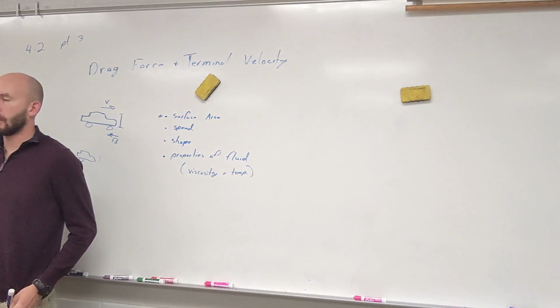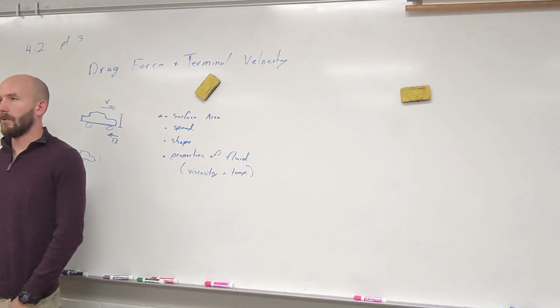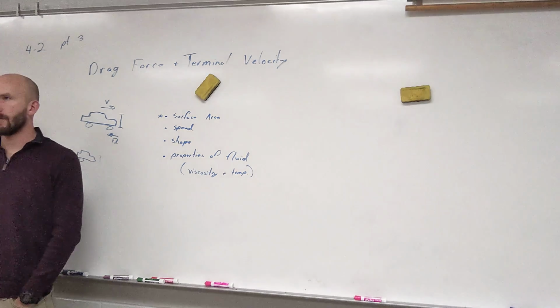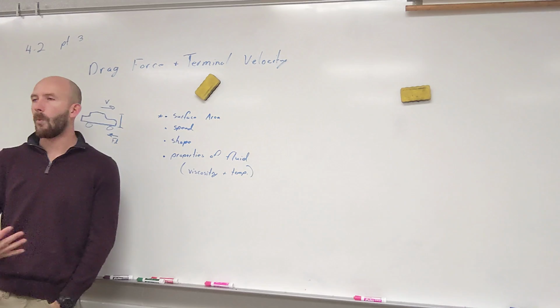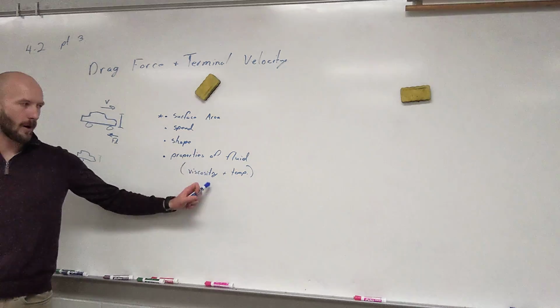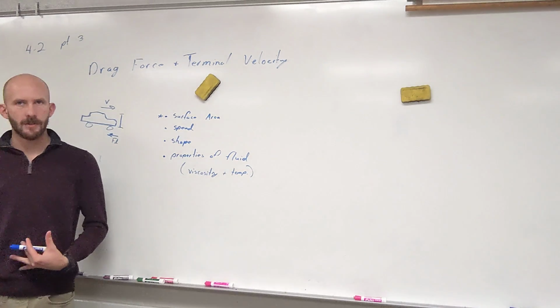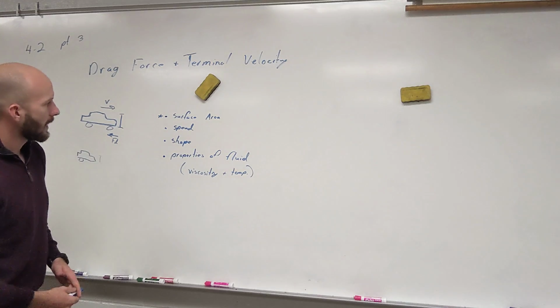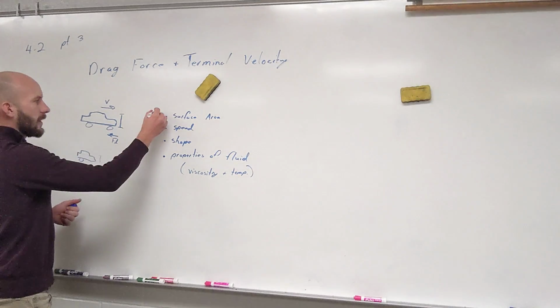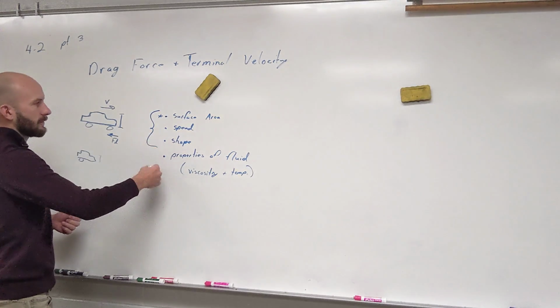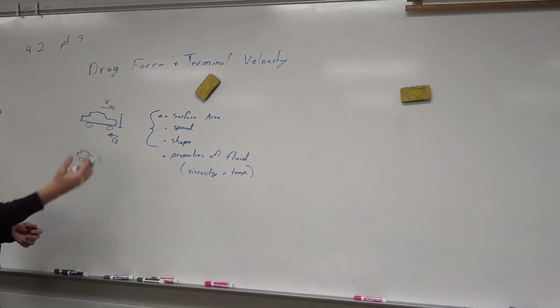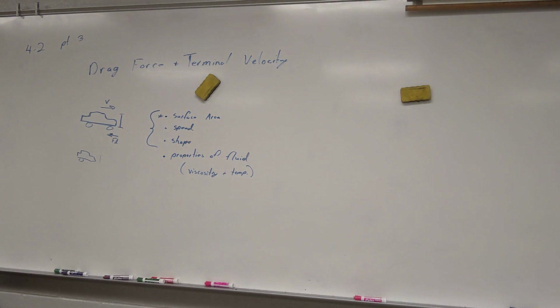It could be an object moving through a fluid, imagine like a submarine or something like that. So water is going to have very different properties than air, right? That resistance would be a lot more. So we've got properties of the object that's moving, cross-sectional area, speed, shape, and then properties of the fluid.